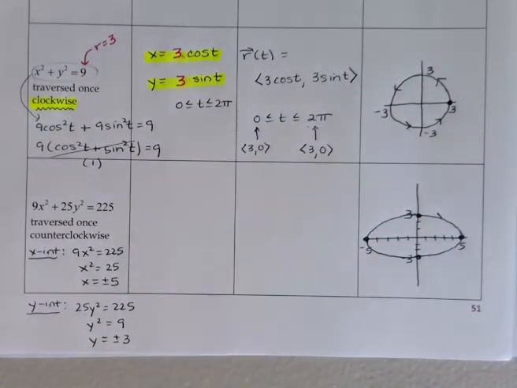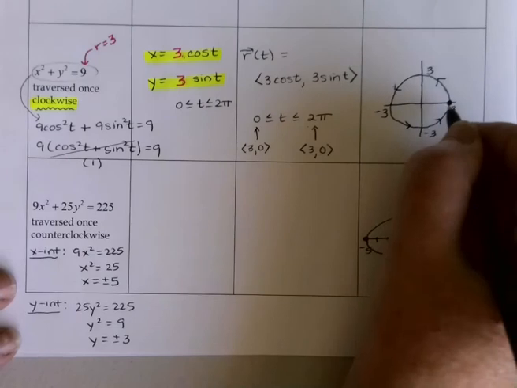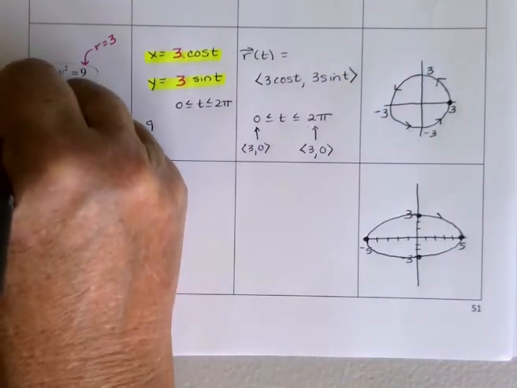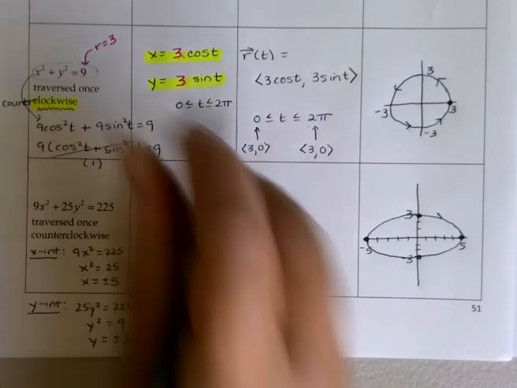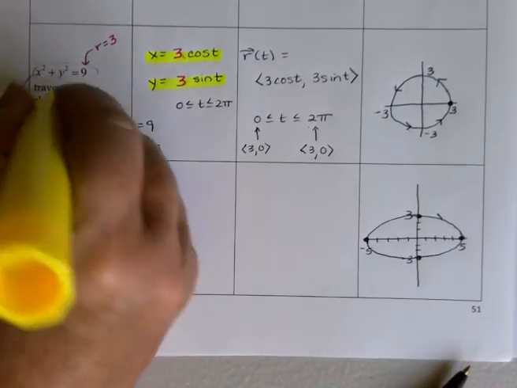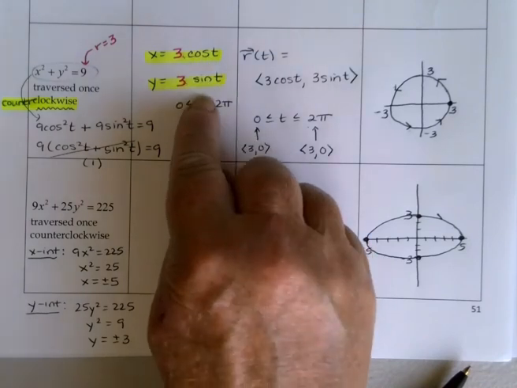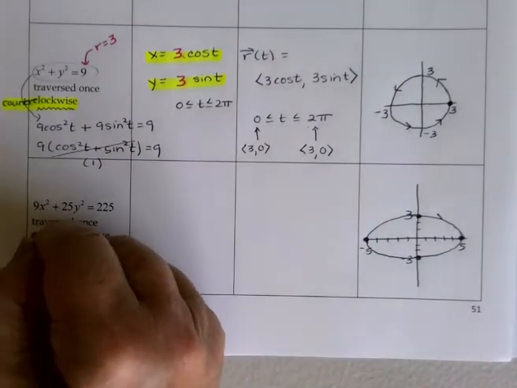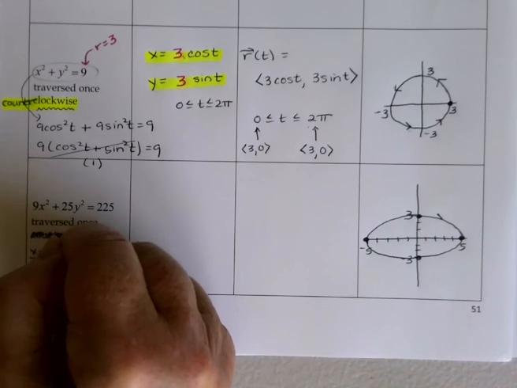Because I've already drawn them, I'm going to reverse these. I drew this counterclockwise. I just read it wrong. Let's do me a favor and let's fix that. This one was counterclockwise. X is cosine and y is sine. This one, let's do clockwise. I wanted to show you one each way, and I just blew it.